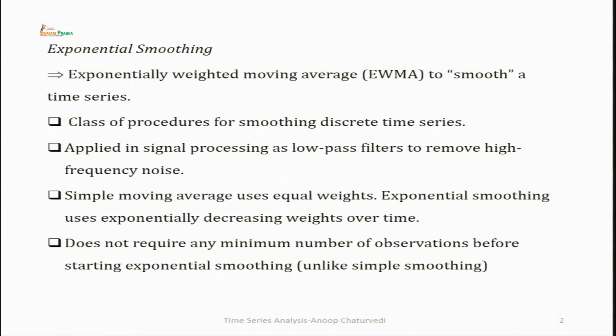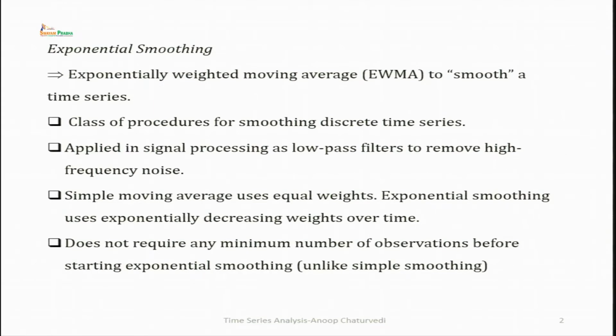Basically, what we do in exponentially weighted moving average technique, we use the weights which are exponentially decreasing. This is actually a class of procedures for smoothing discrete time series.